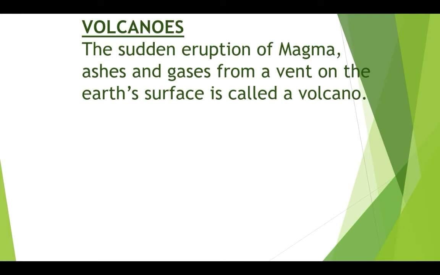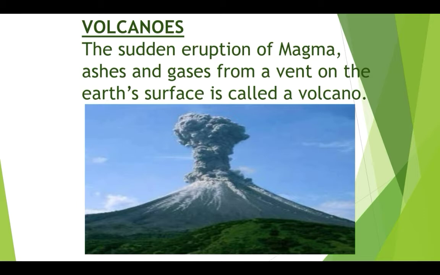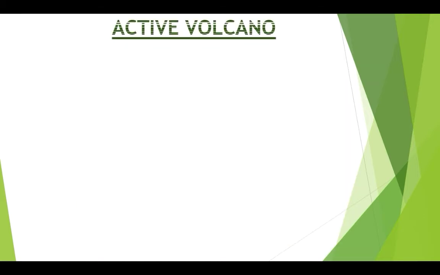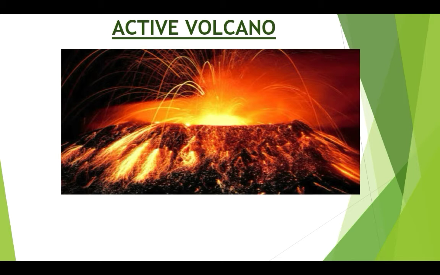Volcanoes. The sudden eruption of magma, ashes and gases from a vent on the earth's surface is called a volcano. There are three types of volcanoes. First are the active volcanoes.